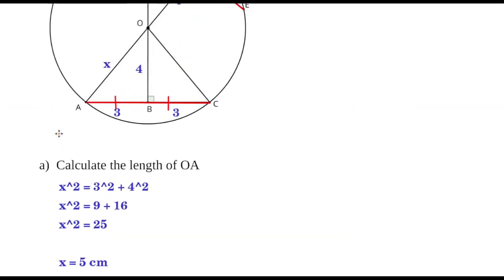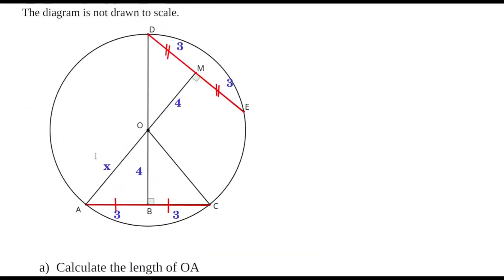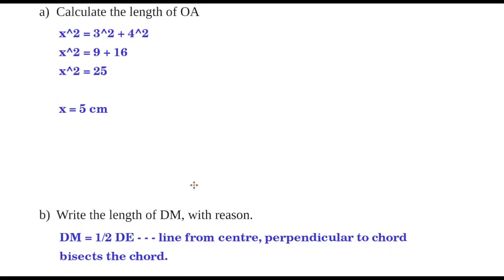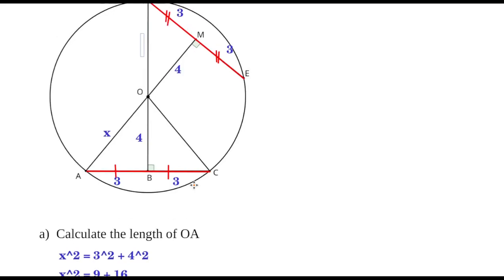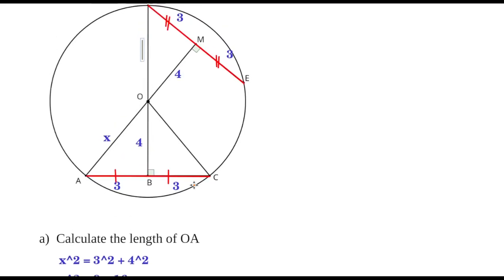Calculate BD. We first need to find OD. But OA equals OD equals OC. They are all radii. The radii of the same circle will always have the same length.